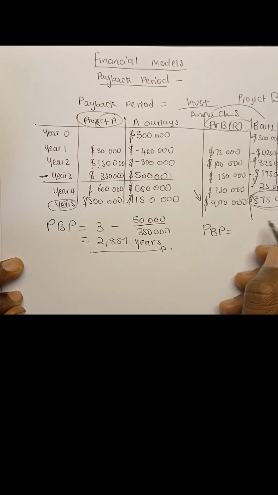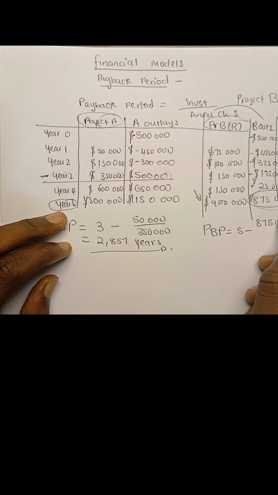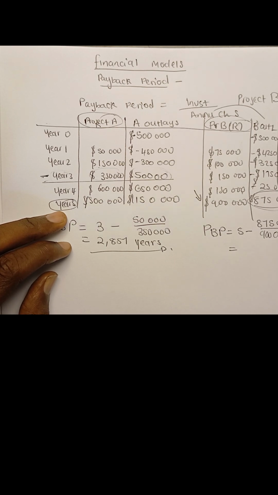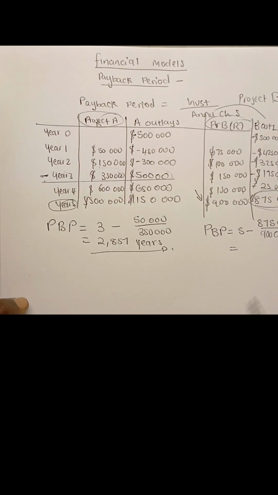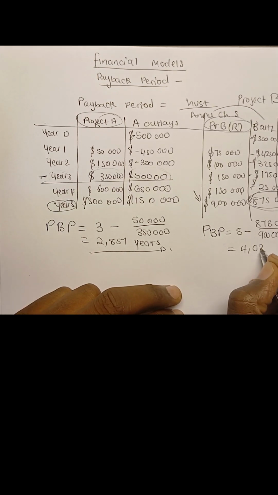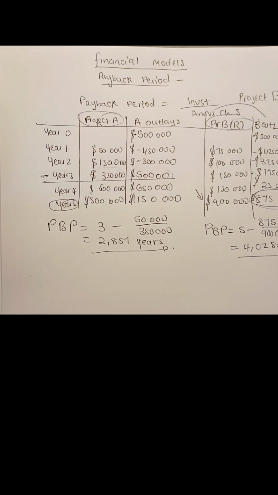Now payback period is equal to 5 minus 875,000 divided by 900,000. Then the answer is 4.028 years, right? So it's going to take too long for us to get our profit.